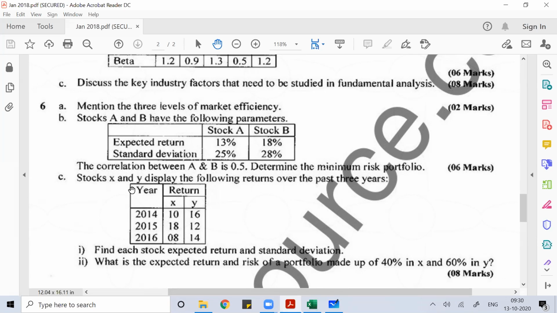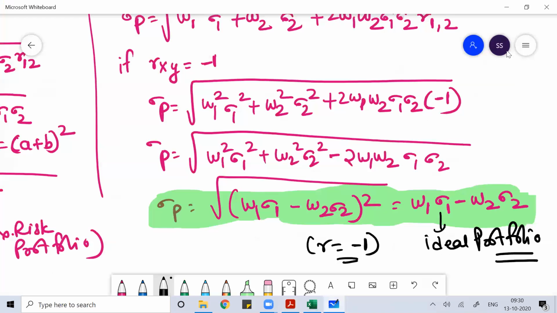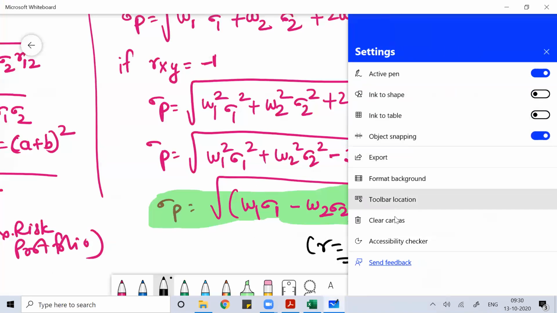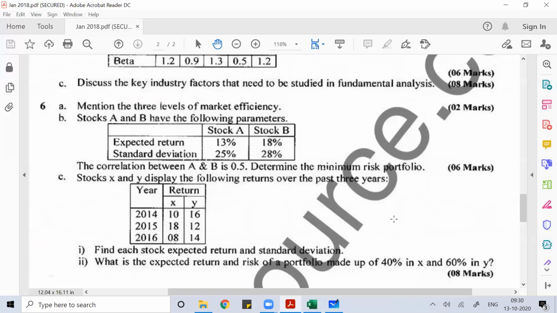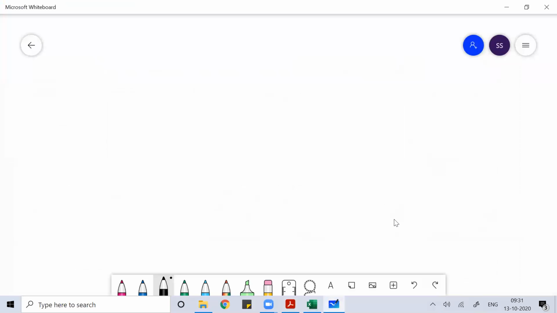Part C of question number 6. You have two stocks, stock X and stock Y. I need to find each stock's expected return and standard deviation. The returns on stock X and stock Y are given to me.